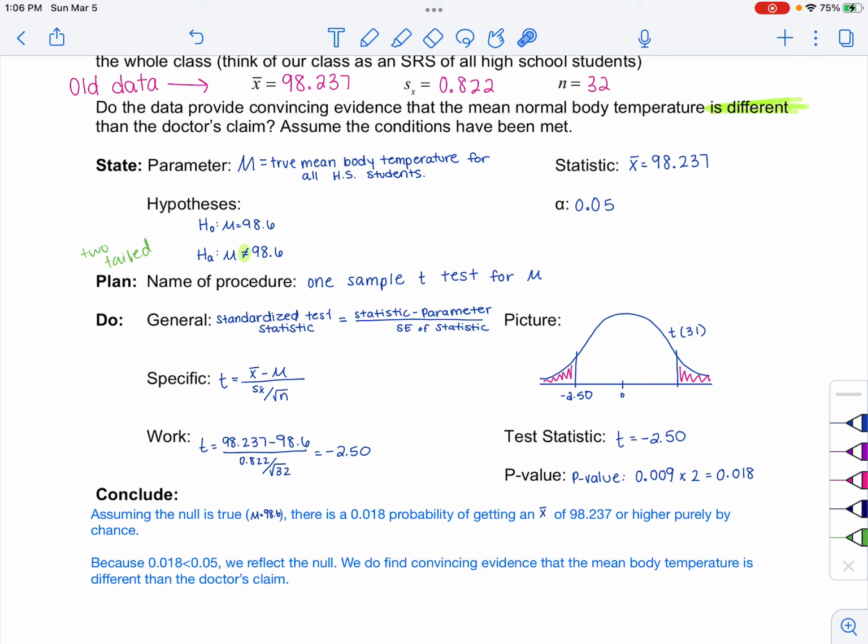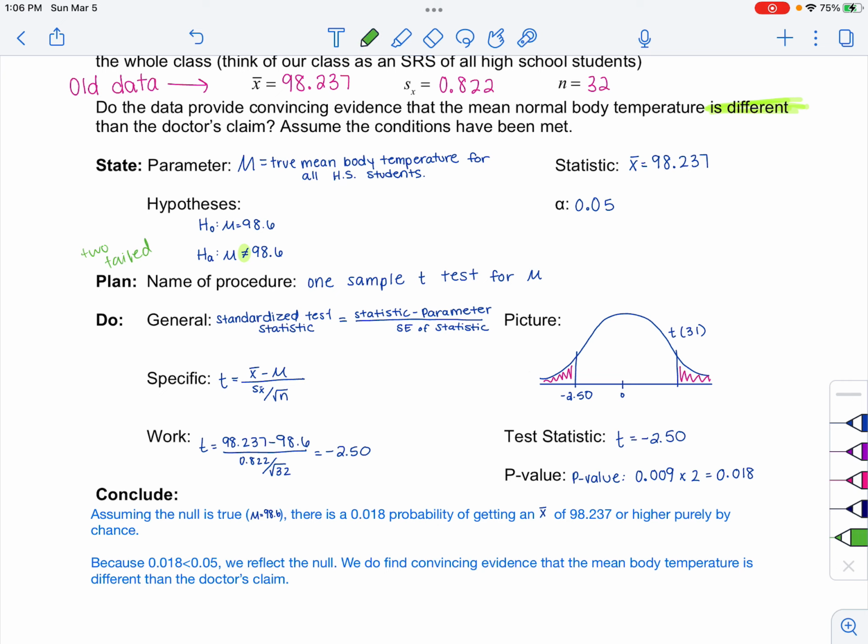This would technically round to 0.01, right? But 0.009 is more accurate. So using the calculator just gives us the most accurate response. But if you do use the table, that won't be wrong, as long as you remember to multiply it by 2, because this is a two-tailed test.